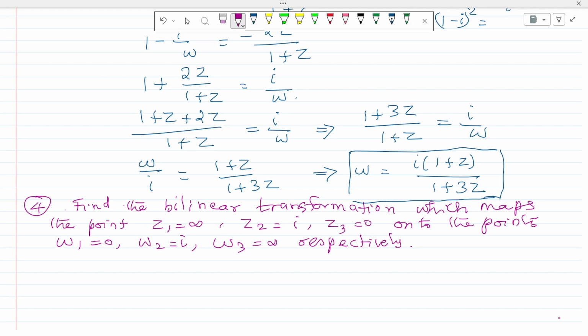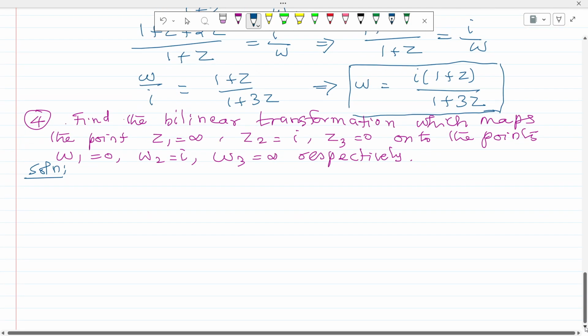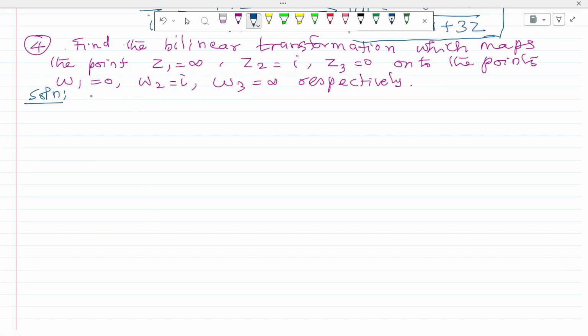Write the bilinear transformation formula. Write the solution. The bilinear transformation is, what is the formula?